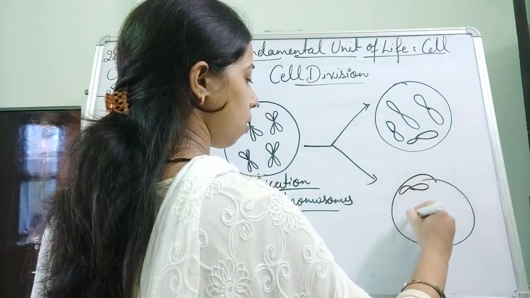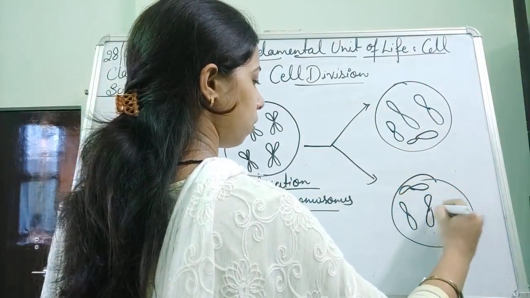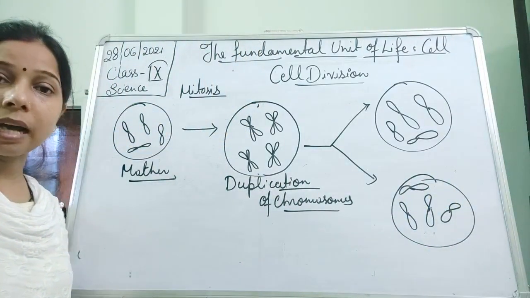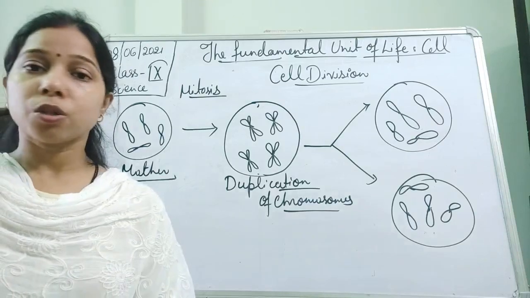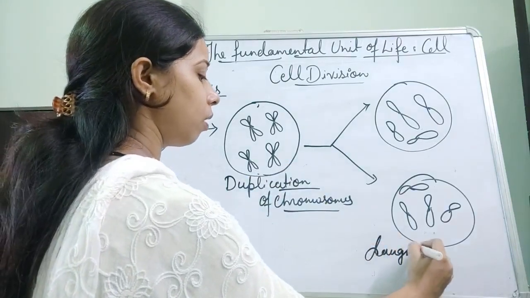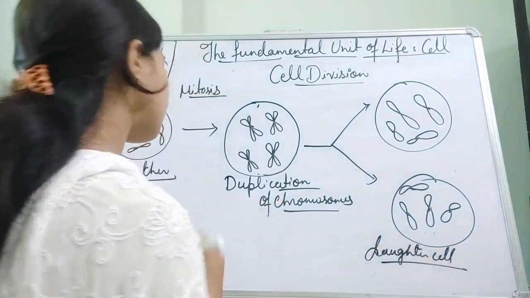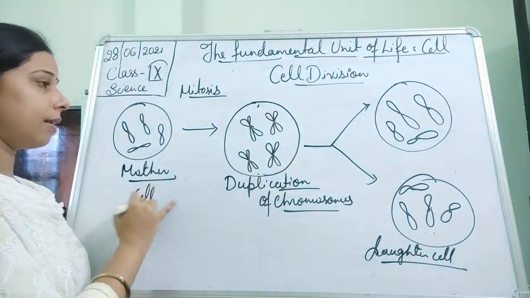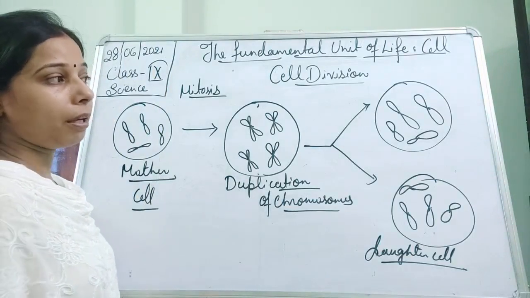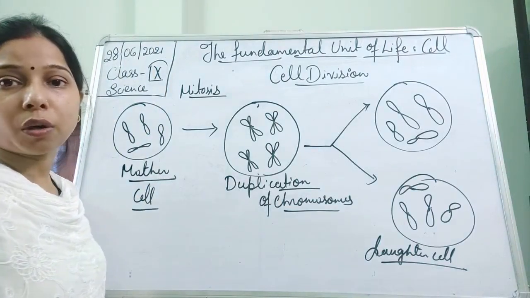So the same number of chromosomes are present on both sides. These two are the daughter cells. The mother cell is there and the daughter cells are there. The chromosomes get duplicated, and finally the daughter cells are formed in the case of mitosis.